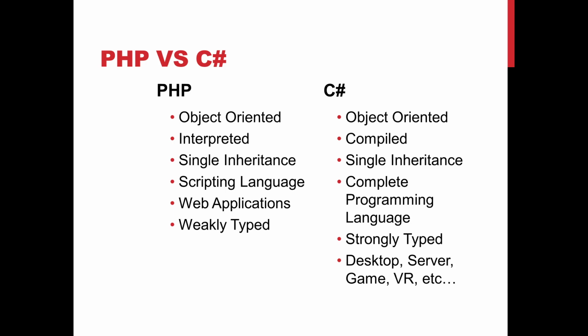Whereas in C Sharp, everything is declared for values that are being returned, values that are being used, or passed in as parameters, or used inside the function.